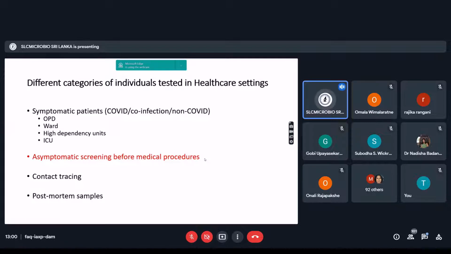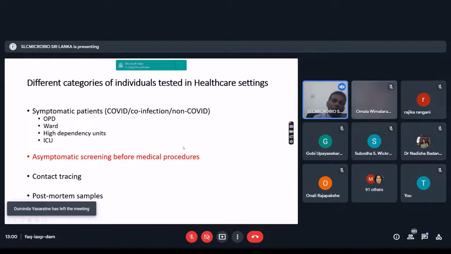So in that background, the antigen test, which is more predictive of infectivity, would be a suitable test for screening before procedures. But if there are procedures where you can't practice the infection control measures to the maximum, yes, in such procedures we might be able to do PCR without relying on the antigen assay.